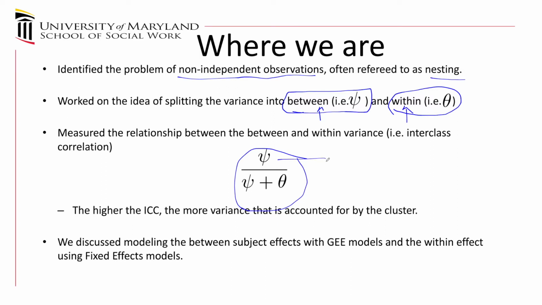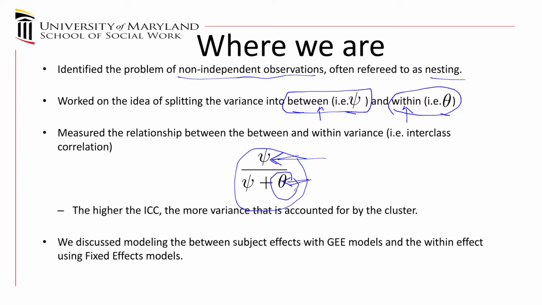And so in the case of classrooms, we would expect this interclass correlation measured by the between variance, which we represent as psi, and the within variance we represent as theta, to be a somewhat lower number. Less of the variance is between classrooms than within students. Whereas in the person example, we expect the persons to have most of the variance, and people don't change that much.